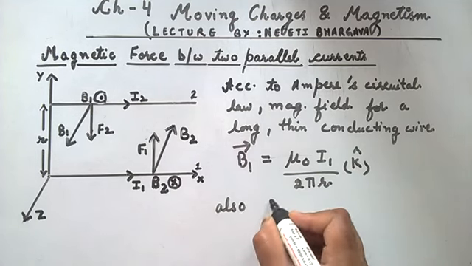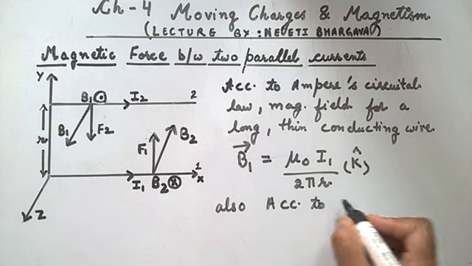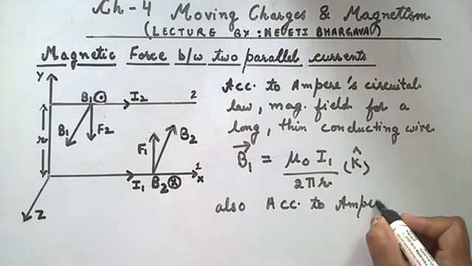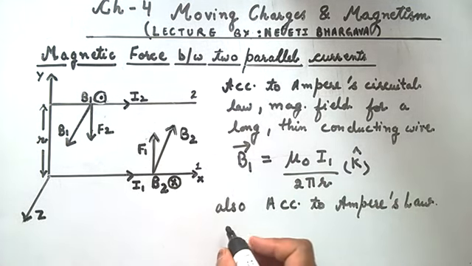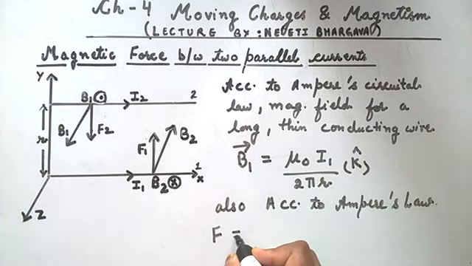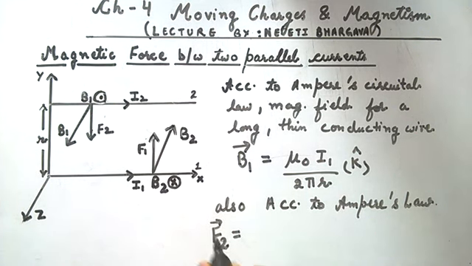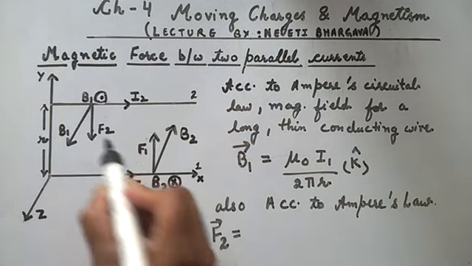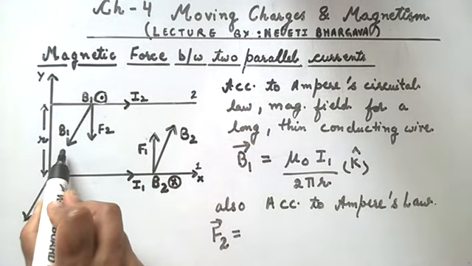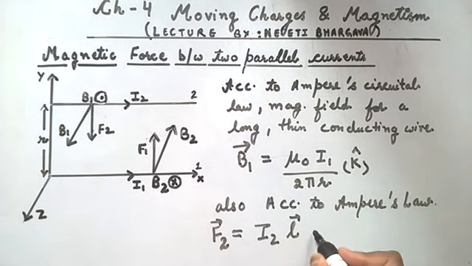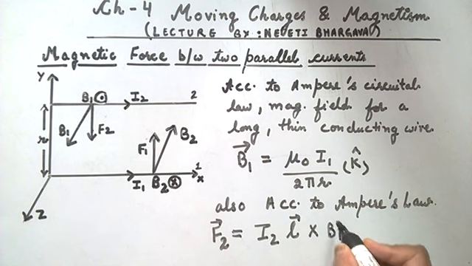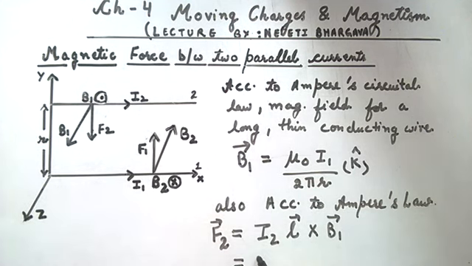Also, we have studied about force: F equals I L cross B. Here the F2 vector, that is the force experienced by wire 2 because of magnetic field B1, is F2 equals I2 L vector cross B1 vector.